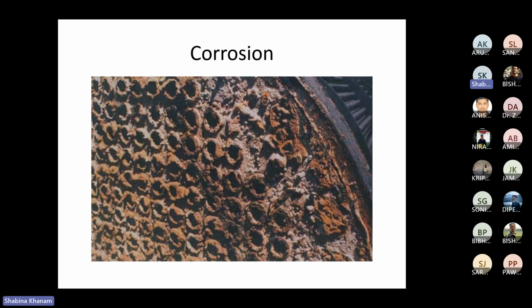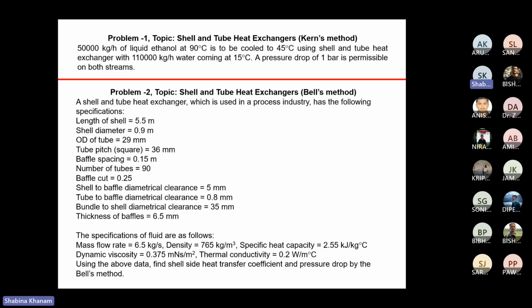These are some of the images which I have shown you. So that is about the shell and tube heat exchanger design, and I'm giving you these two problems. Problem one is using Kern's method, in which 50,000 kg per hour of liquid ethanol at 90 degrees is to be cooled to 45 using a shell and tube heat exchanger with this much flow of water which is available at 15 degrees. Pressure drop of 1 bar is permissible on both sides, shell side as well as tube side.